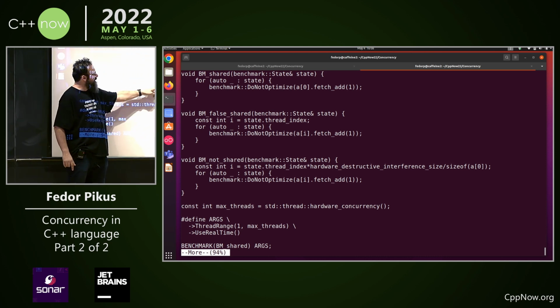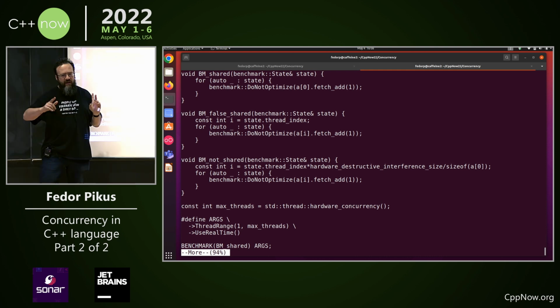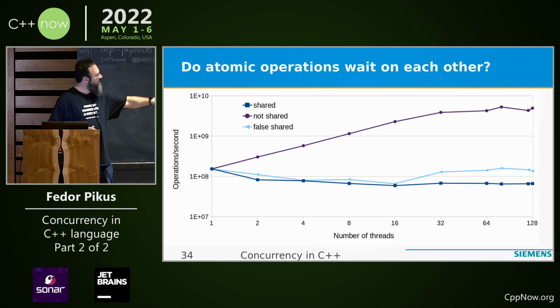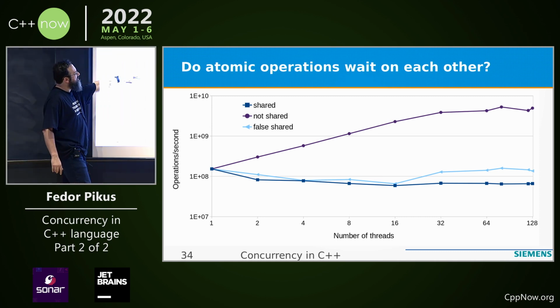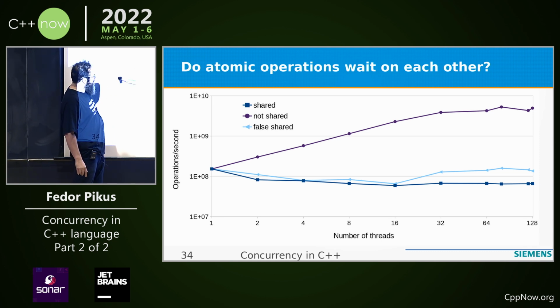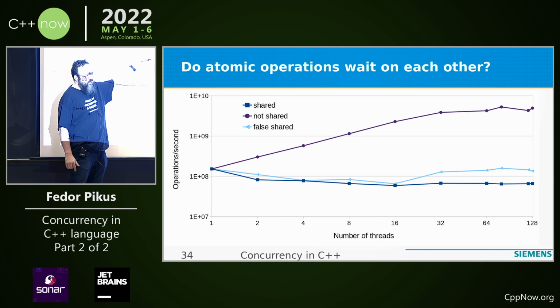But basically, I'm hitting elements of the array that are spaced far enough. And if I make it far enough, I now get scaling where I can actually see that when multiple threads with atomics access different memory locations, it does go faster.